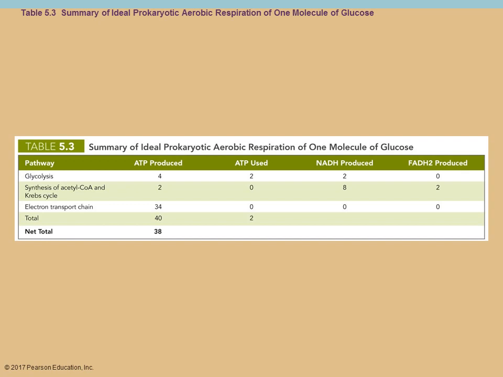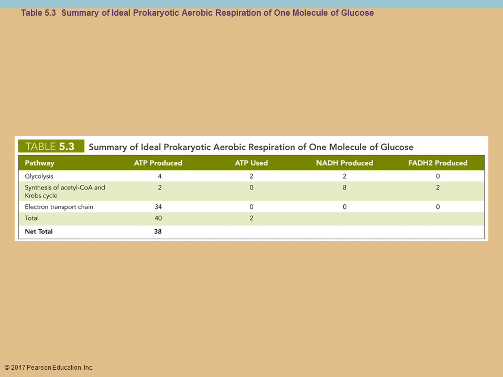FADH2s that were generated in the Krebs cycle, you produce 2 of those. Because they come in a little bit further downstream than the NADH, you only produce roughly 2 ATPs per FADH2, so you had 4 ATPs generated from those.